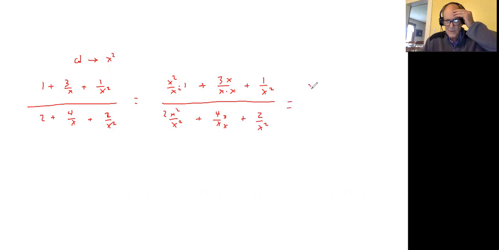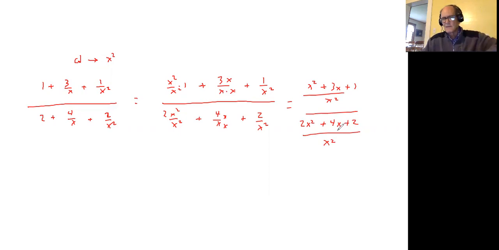So I end up with x squared plus 3x plus 1 over x squared, and down here I end up with 2x squared plus 4x plus 2 over x squared. And that's the big divider right there. So then basically, I'd flip this one over and multiply it, which would make the x squareds cancel out.